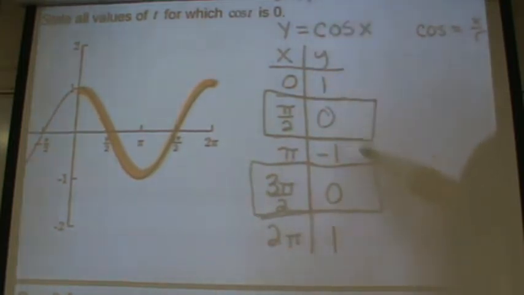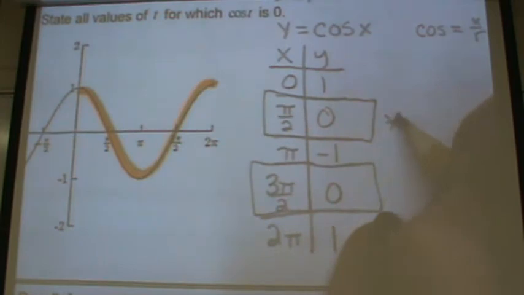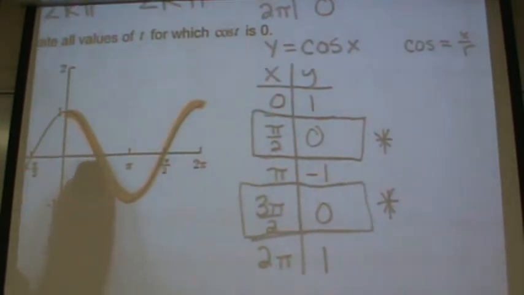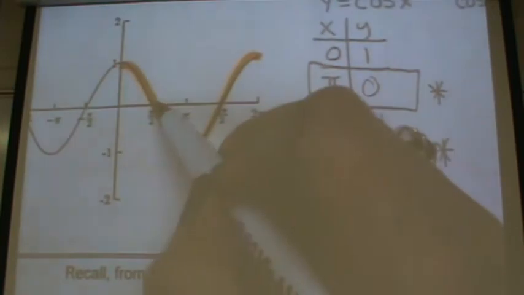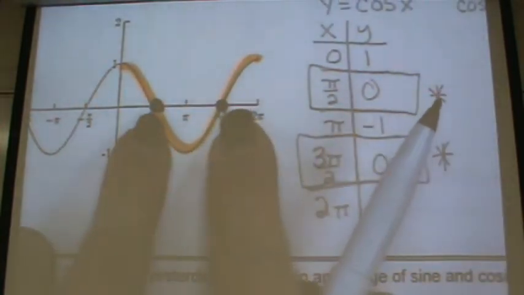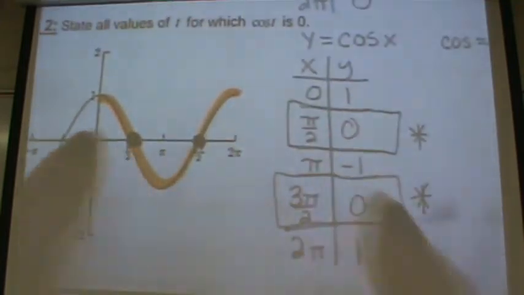So on the table, I see it. Here's an answer, and here's an answer. On the graph, where do you see it? Do you see it at all? It's right here. That's your 0, and that's your 0. So these are the two, that's the picture, and here is the table.